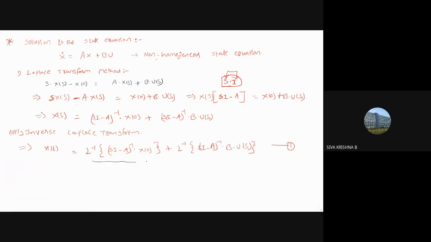And this part is nothing but the zero input response. This is called the zero input response. And this is called the zero state response. The zero input response is due to initial conditions.